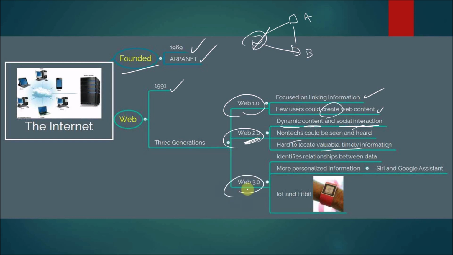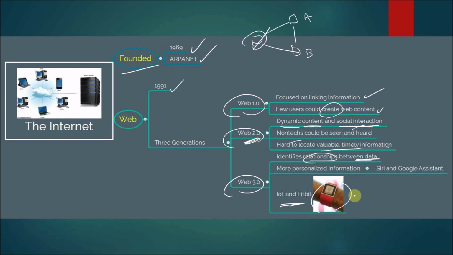So therefore, we are now evolving to Web 3.0, and we may not be using that readily today, where it identifies relationships between data. We kind of talked about it in our earlier podcast, but a good example would be down here with the Internet of Things and Fitbit. Okay, we've seen these Fitbits in the gym, or just folks wearing them. Some people just may be wearing the Apple Watch.